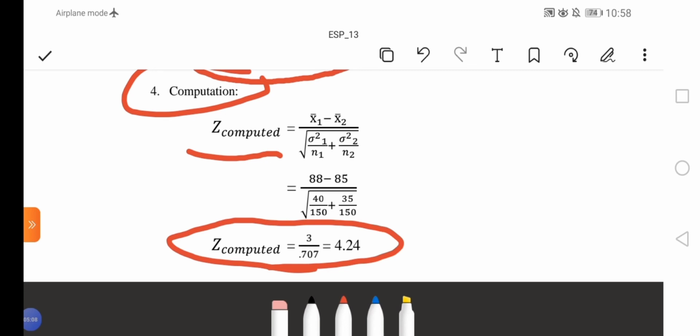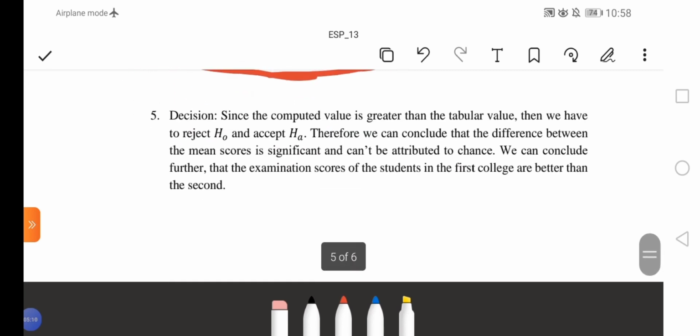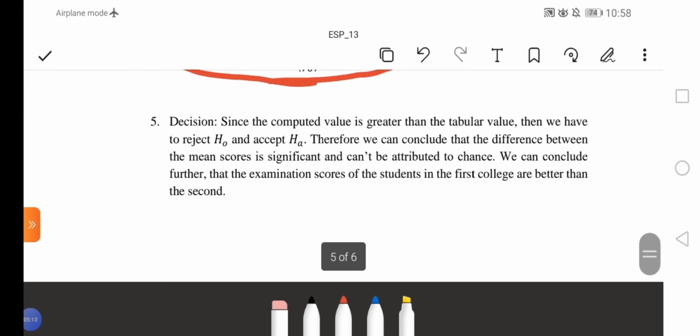The next step is to make a decision. Since the computed value is greater than the tabular value, then we have to reject the null hypothesis and accept the alternative hypothesis.